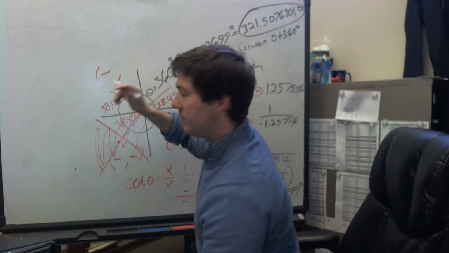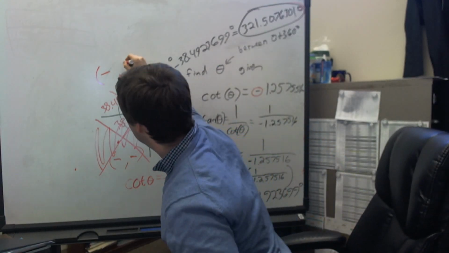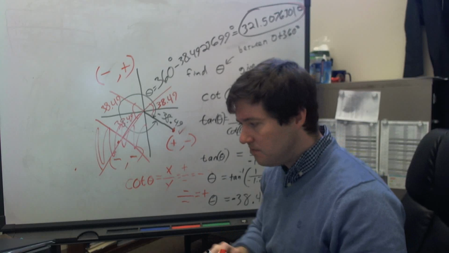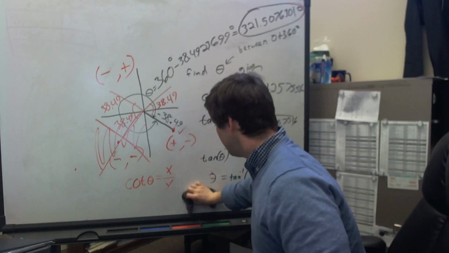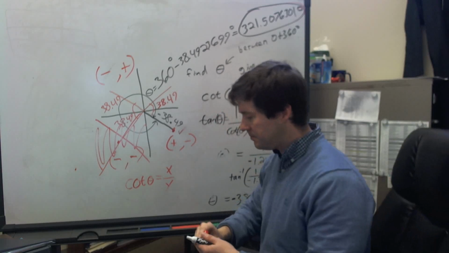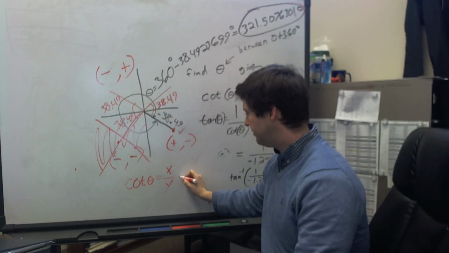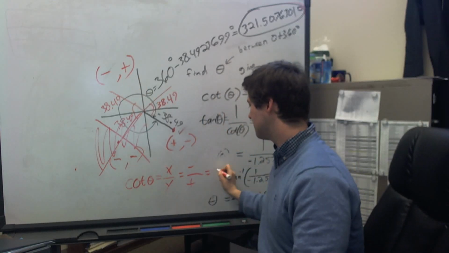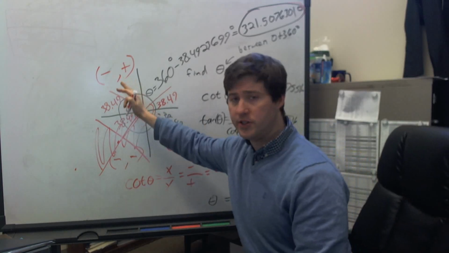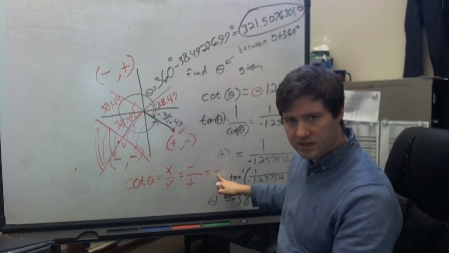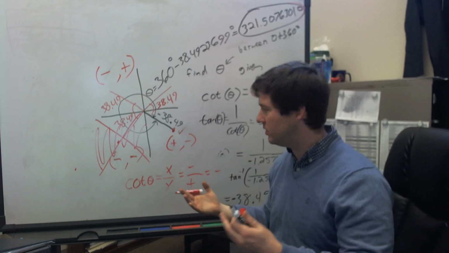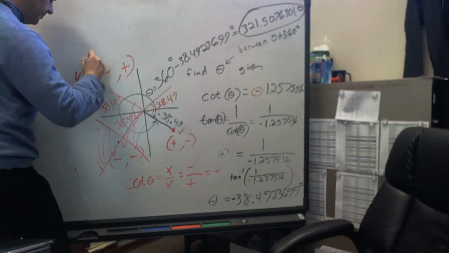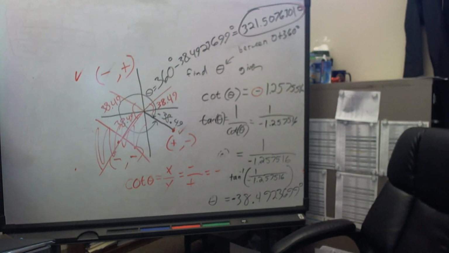In quadrant 2, our x's are negative, and our y values are positive. We take our x value, which is negative, and divide it by our y value, which is positive. And that gives us a negative. So in quadrant 2, cotangent is negative. So that would also satisfy our function. Okay, so it's going to be quadrant 2. This one's going to work out for us.